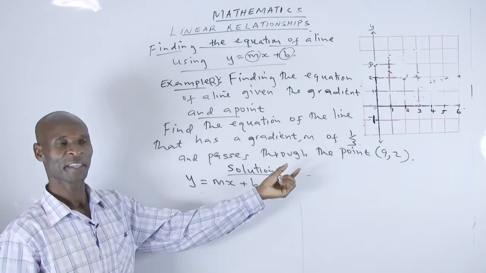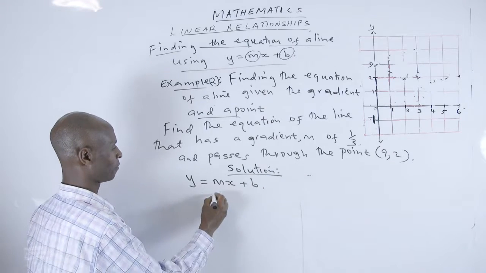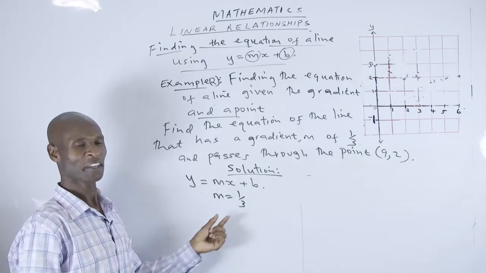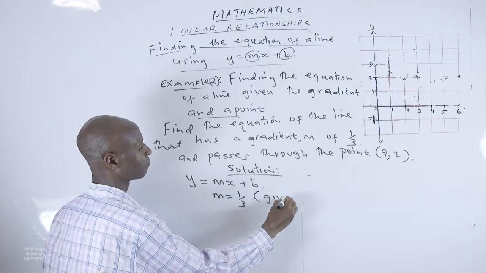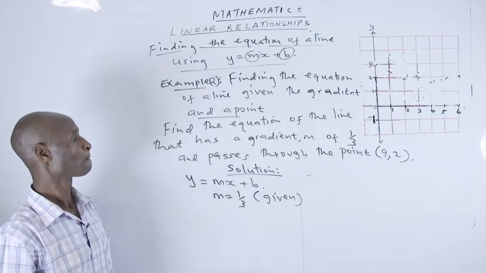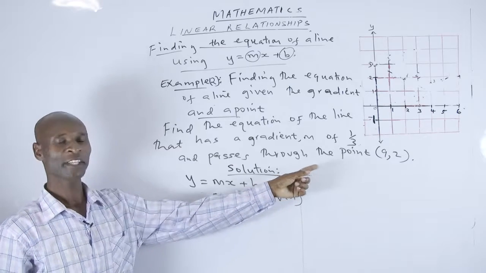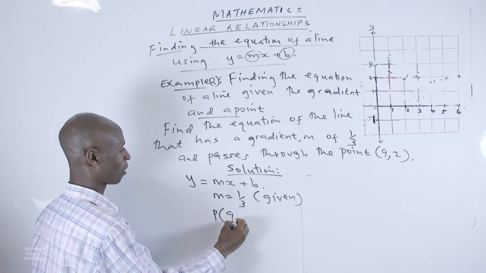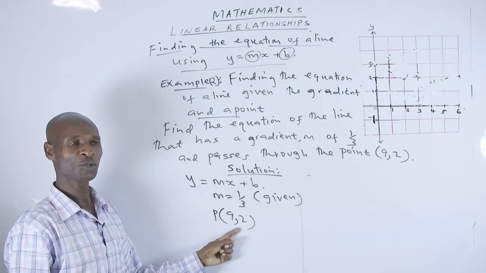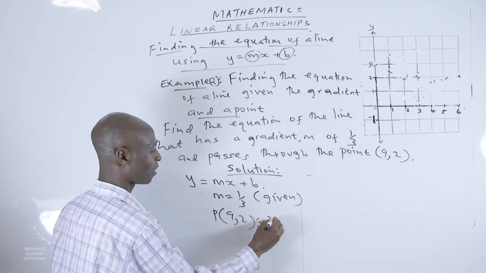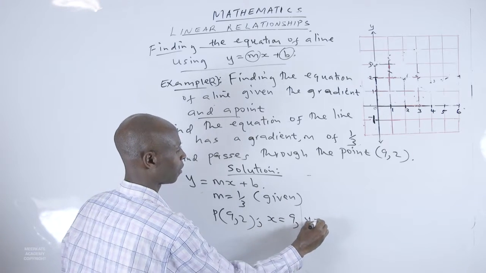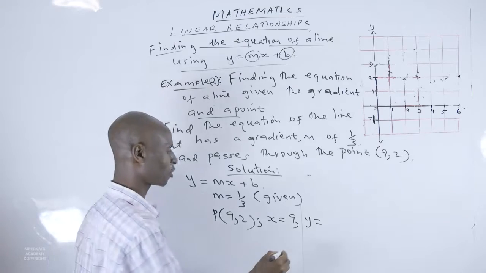So in our case, the gradient m is a third, which is already given. Then it passes through the point (9, 2). The point (9, 2) means x is equal to 9 and the y coordinate is 2.